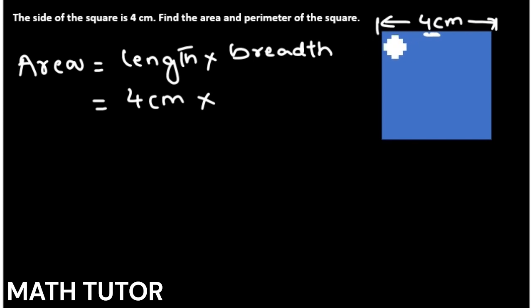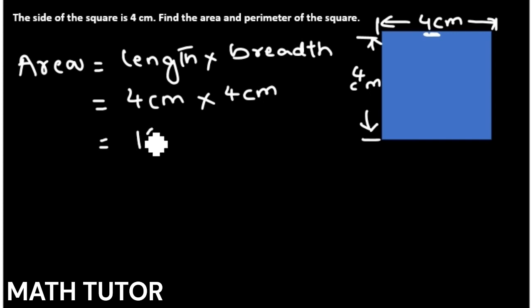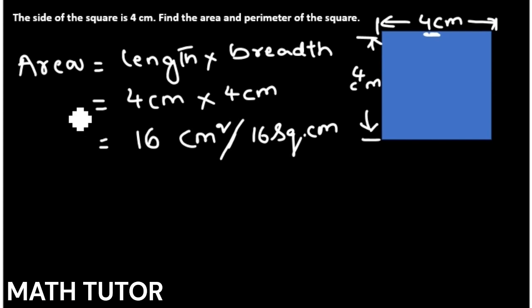Since for a square length is equal to breadth, breadth is also 4 centimeters. It's equal to 16 centimeters square, or 16 square centimeters. This is the area of this square.